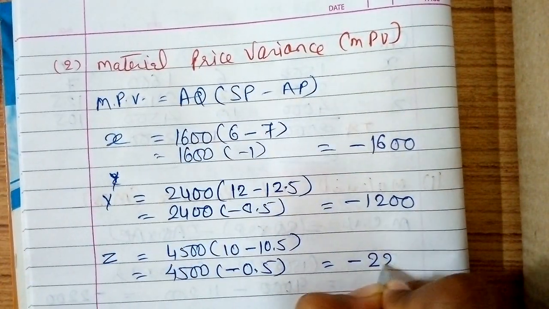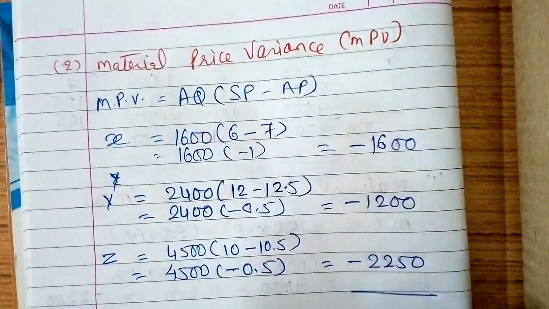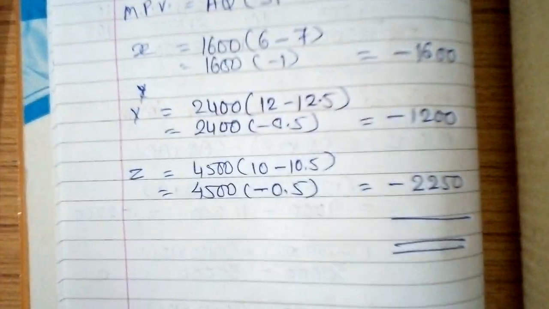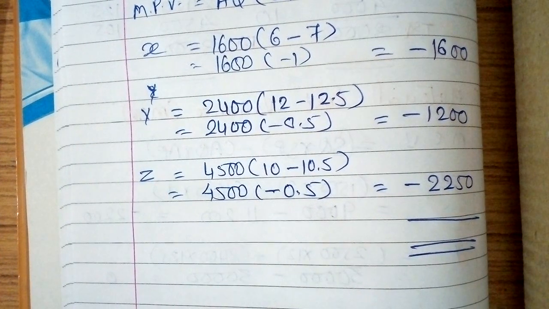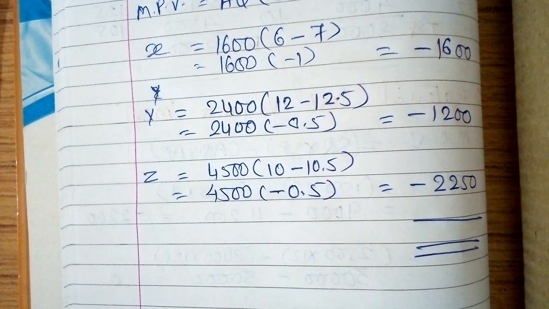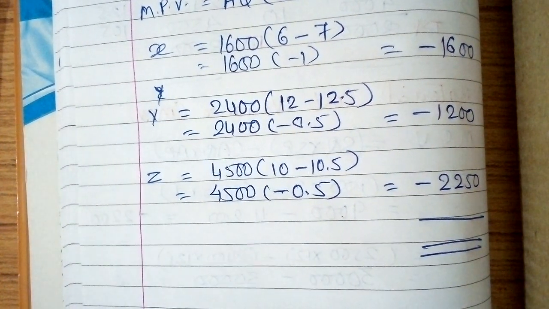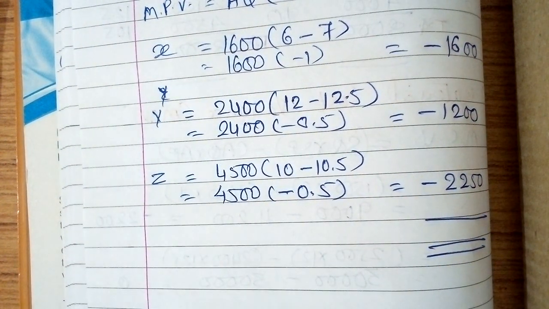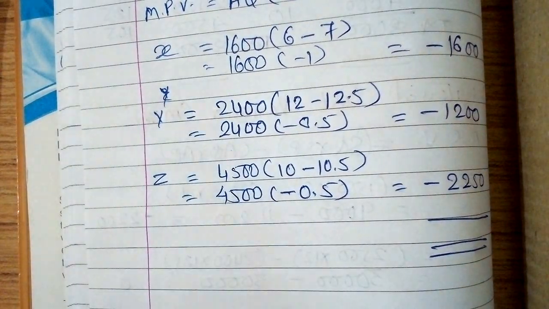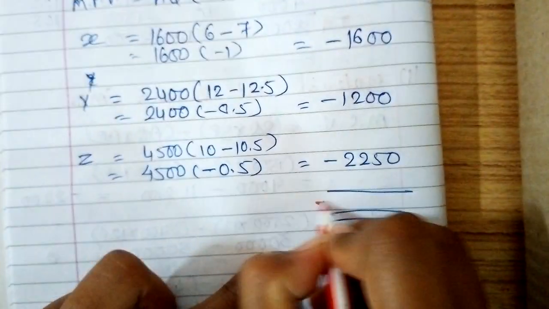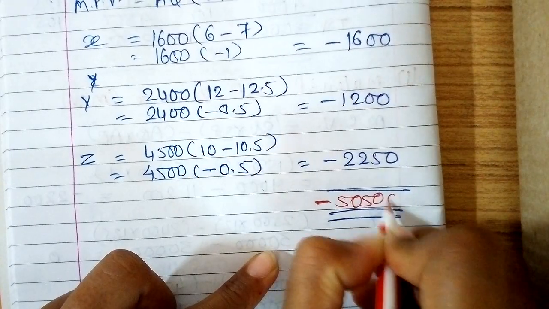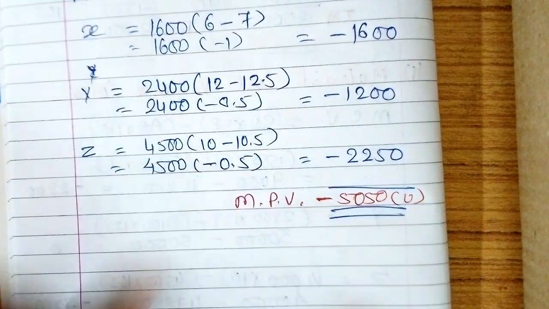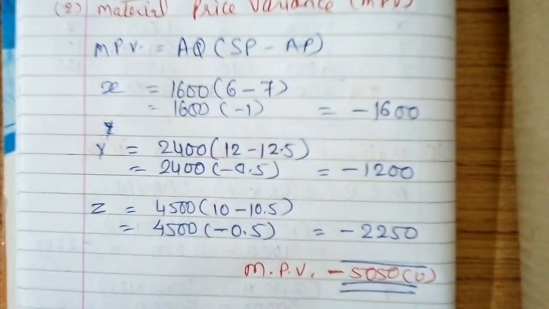So that would be negative 2250. All of them will be negative here. So the answer will be 1600 plus 1200 plus 2250. So the material price variance will be negative 5050, unfavorable.